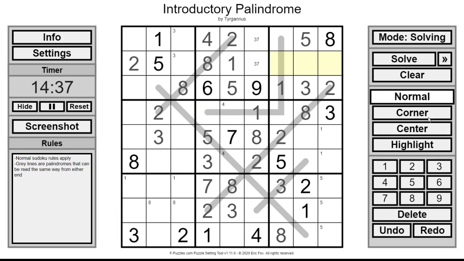So now 4 is forced over here. 4 is locked in here, but this space corresponds to that space, and this one can't be a 4 because of that. This is done. It needs a 9, right?